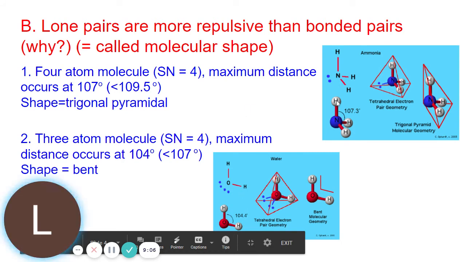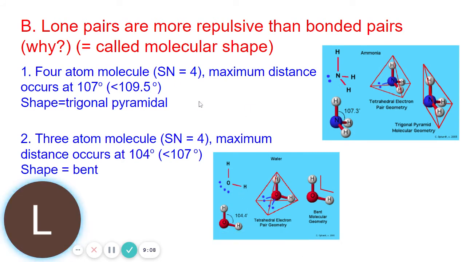Let's see what else. Oh, angles. So again, tetrahedral was 109.5. Trigonal pyramidal, this example says 107.3. Honestly, if you Google it, you're going to see like 107.5. You might just see 107. It's okay as long as you know that it's getting less by about 2 or 3 degrees. So again, when you add another lone pair, we go from the 107.3 to 104.4.